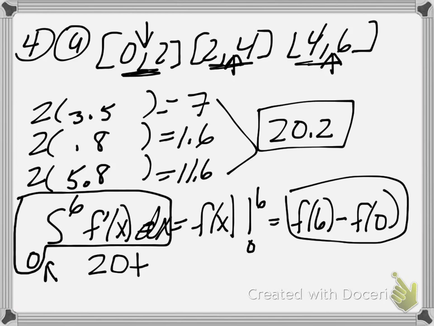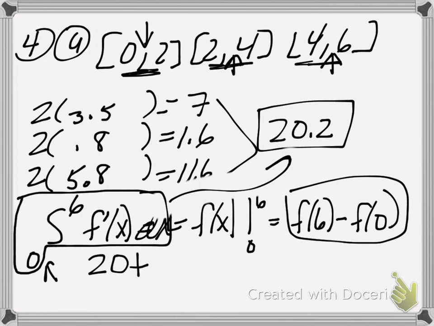This is when you have to step back and say, okay, I must have missed something. To go from 0 to 6 of f prime of x dx, didn't we just estimate that and get this? That's what we were supposed to do: use a midpoint Riemann sum to approximate f of 6.